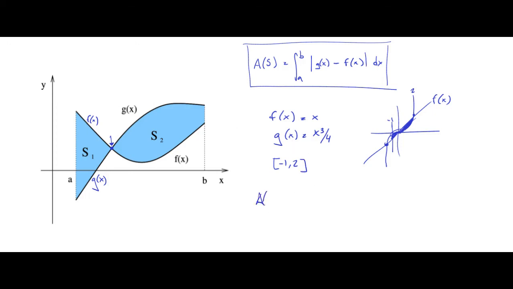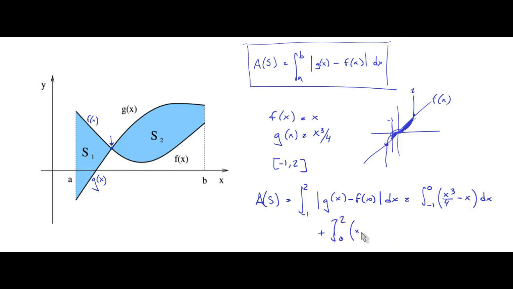So the area of this form is the integral between minus 1 and 2 of the absolute value of g minus f. Because we have evaluated where each is greater, we can separate it into two integrals: between minus 1 and 0 of x cubed over 4 minus x dx, which is greater than 0, plus the integral between 0 and 2 of x minus x cubed over 4.